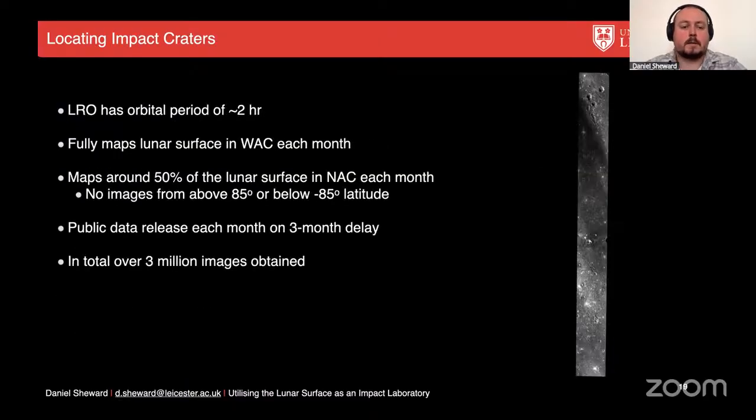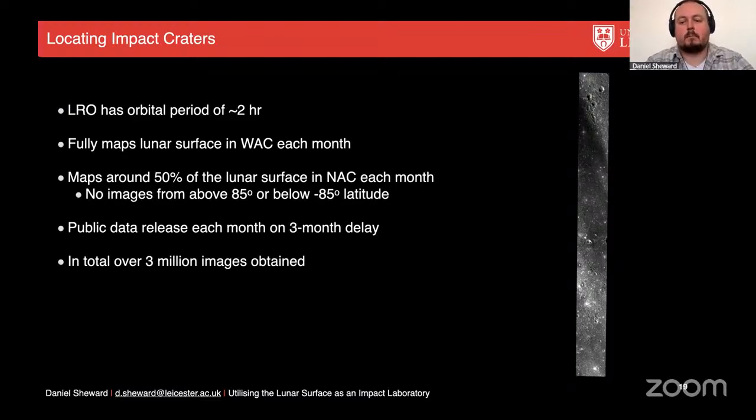And the LRO has an orbital period of approximately 2 hours. So each month we get a fully mapped moon from the wide angle camera and about 50% of the surface mapped from the narrow angle camera, which doesn't actually reach above 85 degrees or below minus 85 degrees latitude.